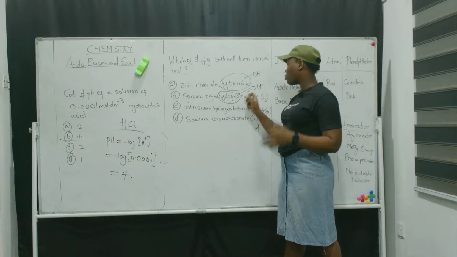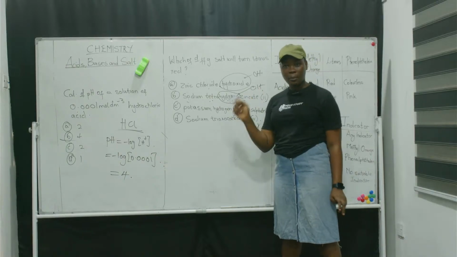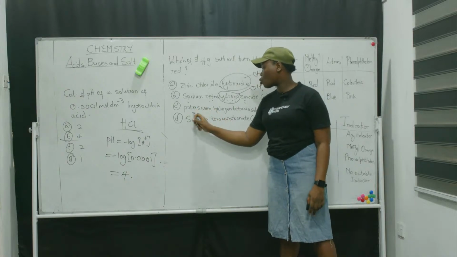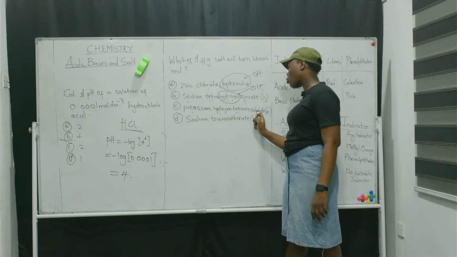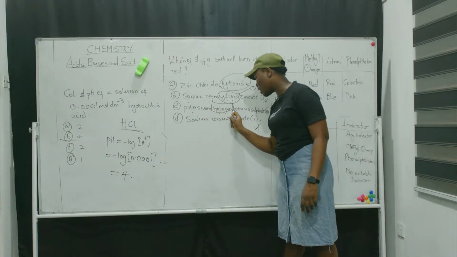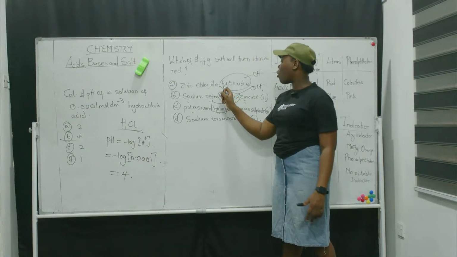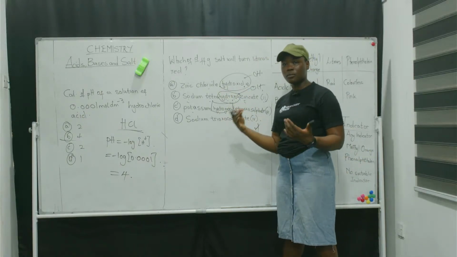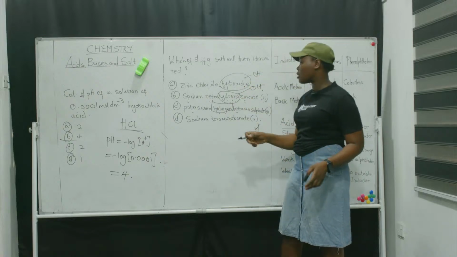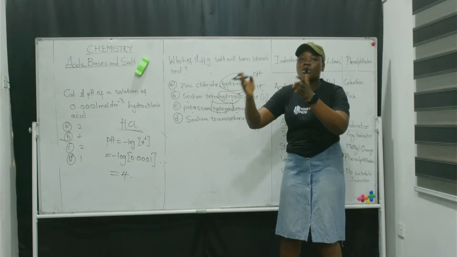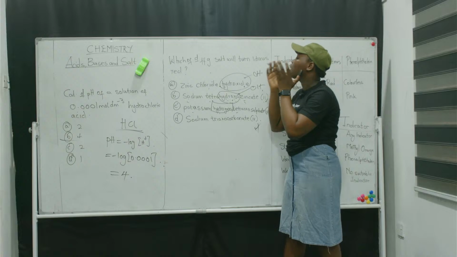This hydroxo is already OH, so we know that is basic. Then we are left with potassium hydrogen tetraoxosulfate. When you see hydrogen there, just know that it's an acidic salt. When you see hydroxo or hydroxide, they mean OH, so that is basic. The question says the salt that turns litmus red.